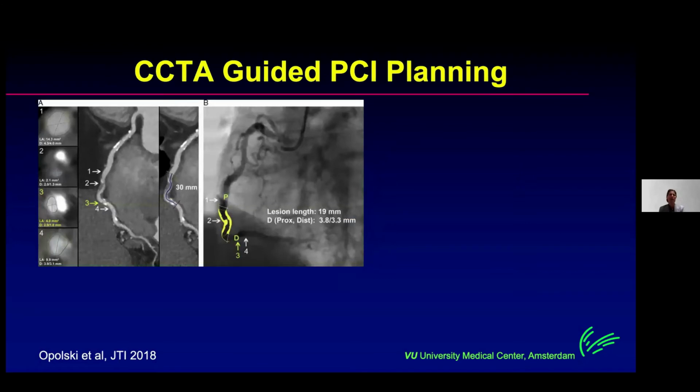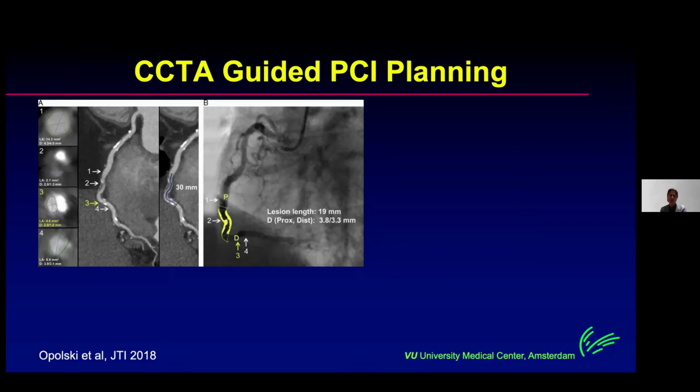Then you come to the cath lab, because once you've determined the fact that these patients have ischemia and obstructive coronary disease, how are you going to send them to the cath lab? Just for diagnostic angiography? I don't think so. This is work by Max Opolsky, who worked with us in Amsterdam for a year or so, and analyzed all the CT angiography that we had and analyzed from what place we should stent.